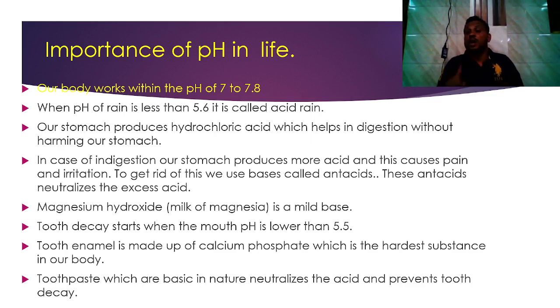Before we saw that when acid and base combine with each other, it is known as neutralization. Whenever the acidity is increased in our body, we consume bases in the form of an antacid that neutralizes the acidity in our body.